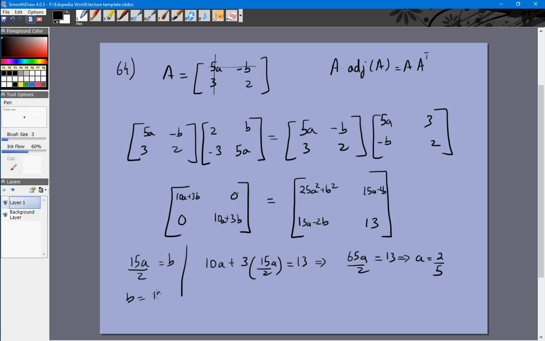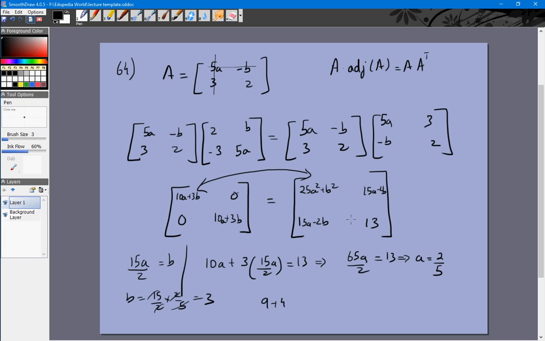B is equal to 15 by 2 into 2 by 5, which is 3. And we actually have to satisfy this equation as well, but we can see that it is satisfied for 2 by 5 and 3. So 3b will be 3 into 3 or 9, plus 2 by 5 into 10 will be 4, which gives me 13.